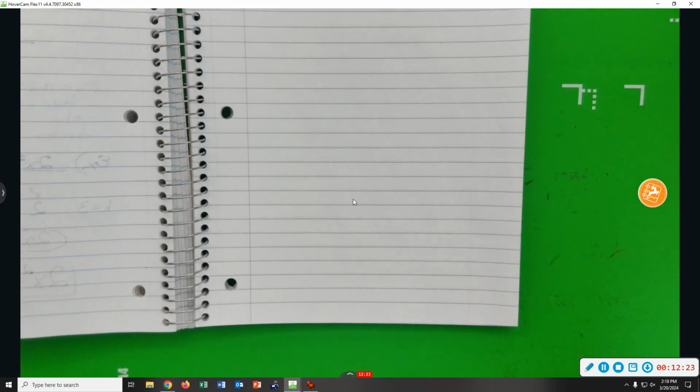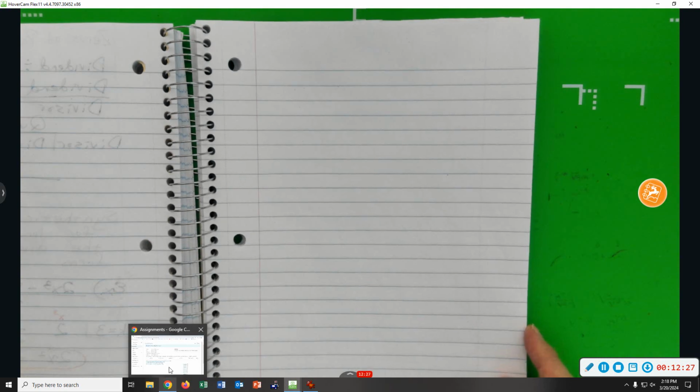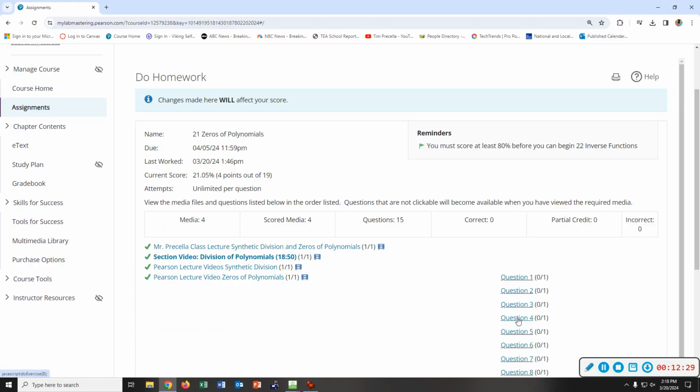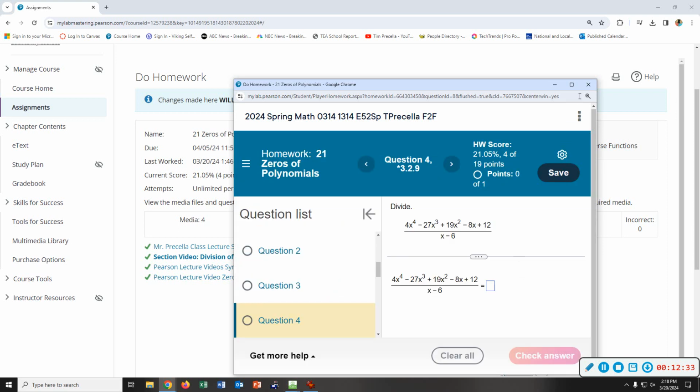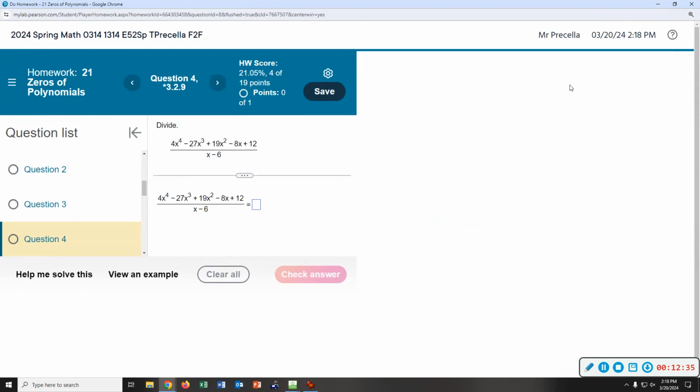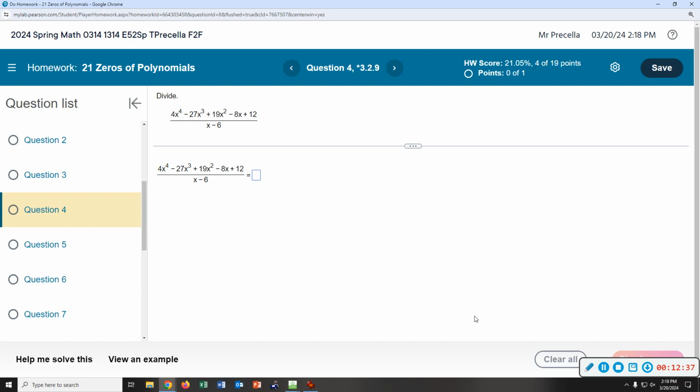Let's look at a problem from the homework, number 4. Let me write it down. This would take a lot of work to do with long division.